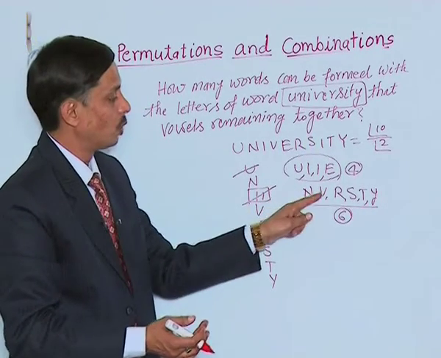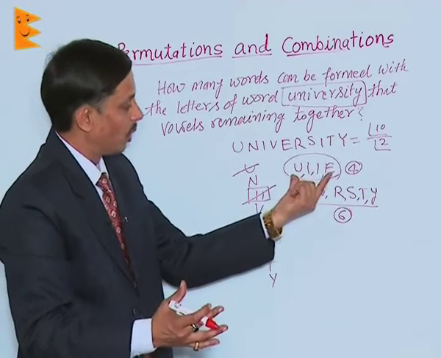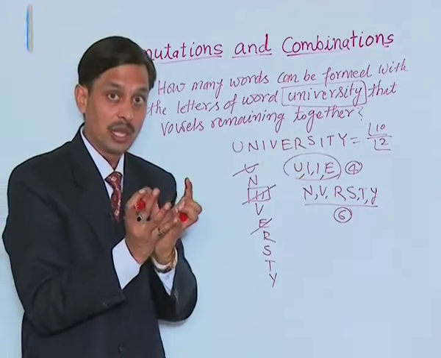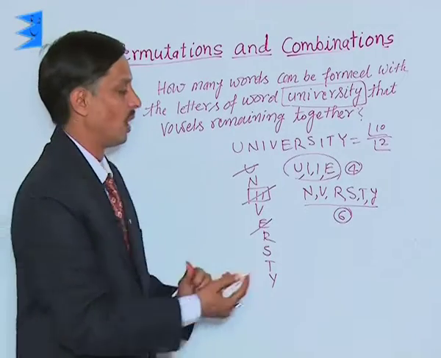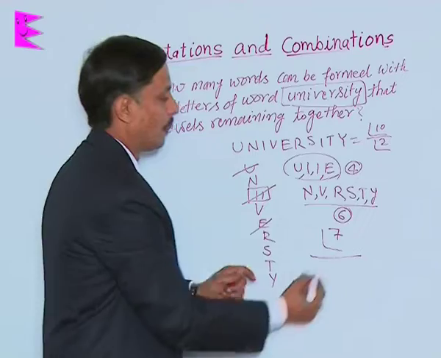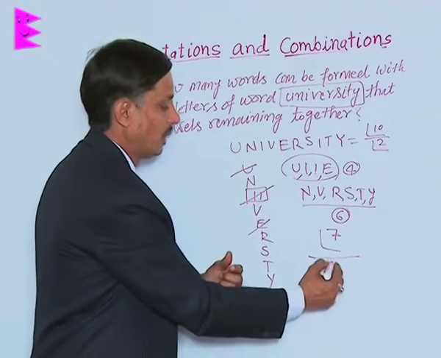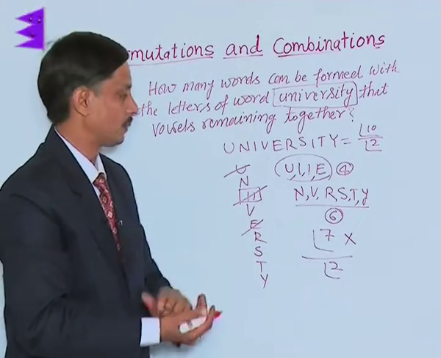But here these 6 are different, and all these 4 have to be together, means we are taking this entire lot as one letter. So this becomes factorial 7 upon factorial 2 for the 2 I's repeating, into what and why.